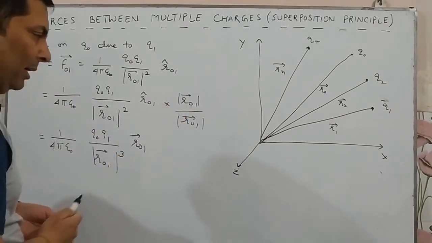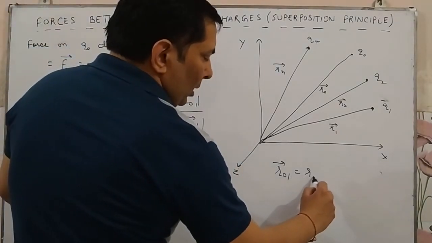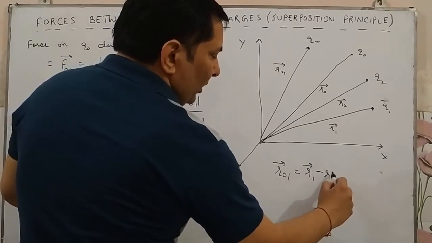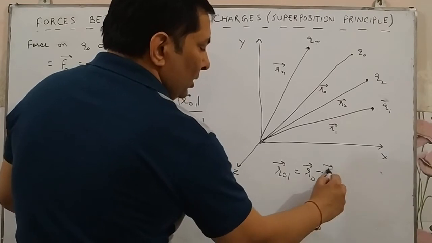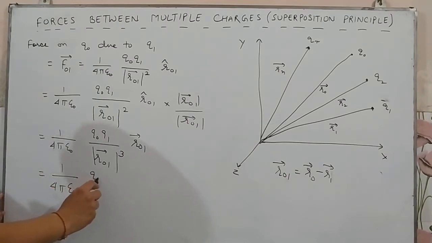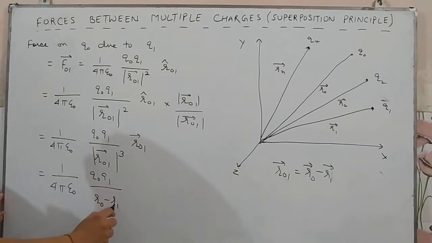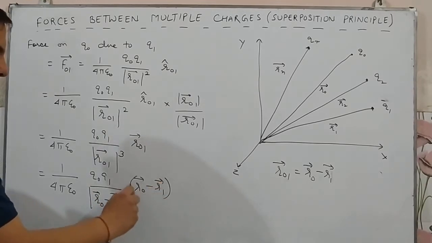This can be further elaborated because we know that this vector is written as final minus initial, that is r0 minus r1. So write it as 1 upon 4 pi epsilon naught, q0 q1 divided by the magnitude of r0 minus r1 cubed, times the vector r0 minus r1.